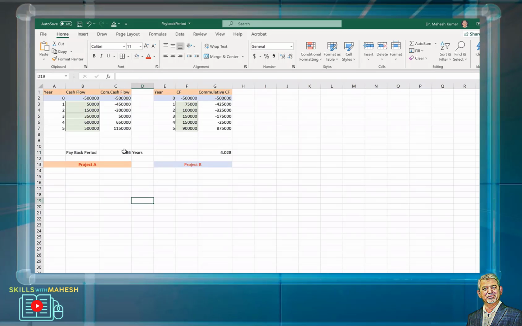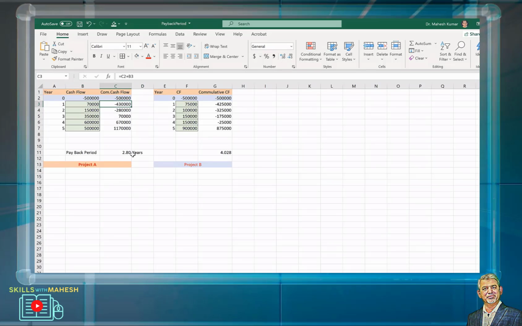What is happening over here is, if I change a number intentionally, this is dynamic. It is not that I have just written it here. Suppose I change the first year revenues from 50,000 to 70,000. I change it here, and the moment I press tab on my keyboard, this payback period should change.